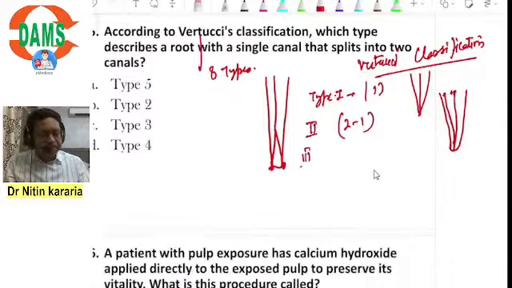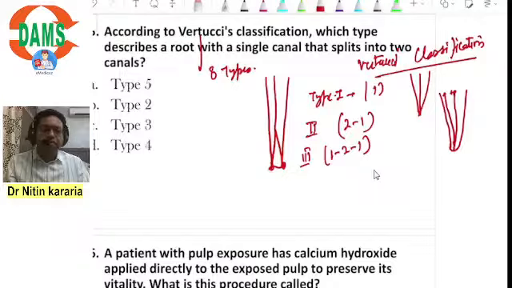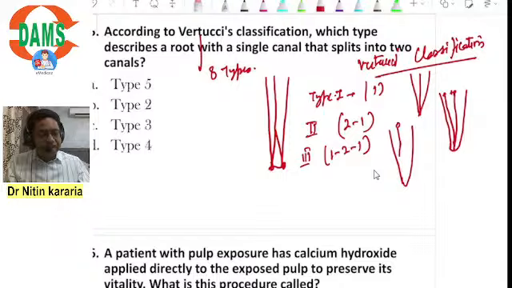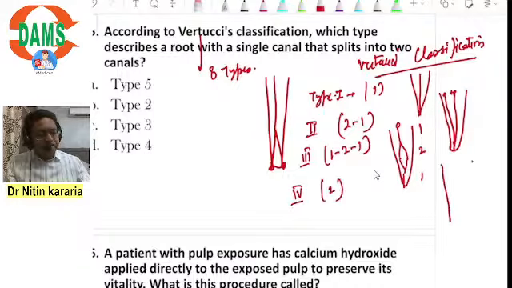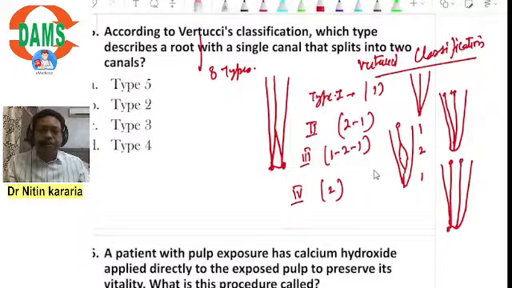Vertucci type 3 is a 1-1 configuration. 1-1 means in the root of a tooth we see a single coronal orifice, a canal emerges, divides and again joins and exits as a single apical foramen. Vertucci type 4 is 2-2, meaning a single root of a tooth consists of 2 separate canals which exit as 2 separate apical foramina.